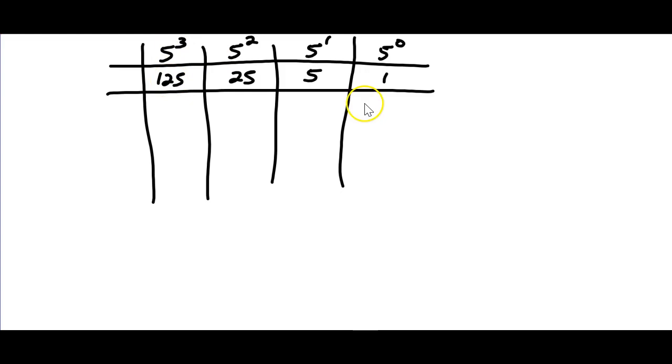So I can have something like 4, 3, 2, and 1 here. That's a number in base 5 that's possible here, and it represents 4 1s, 3 5s, 2 25s, and 1 125.